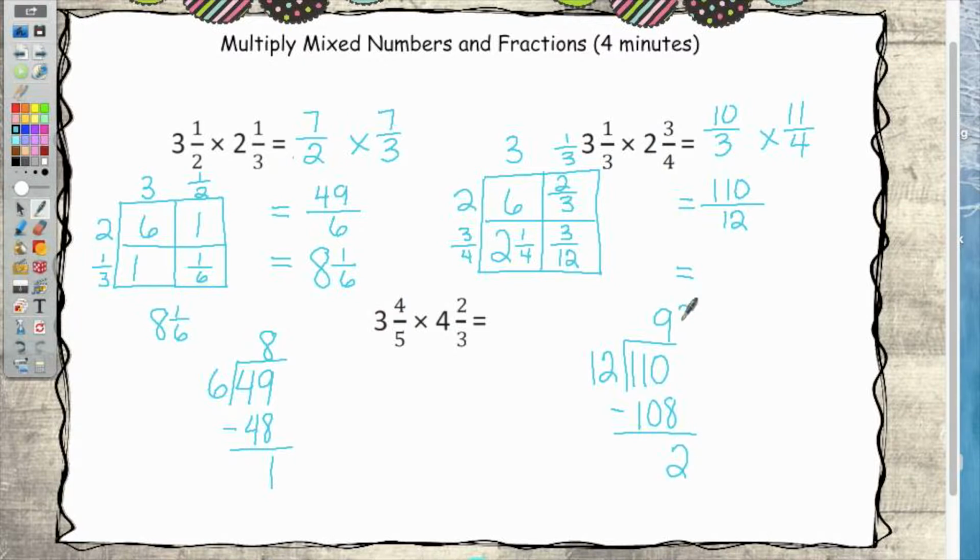So I've got 9 2/12 here, which can be simplified to what? 9 1/6. Okay, I think I really like the standard algorithm that time.